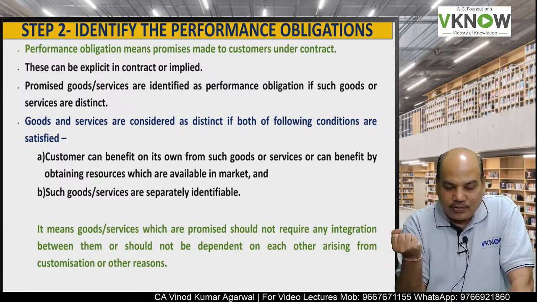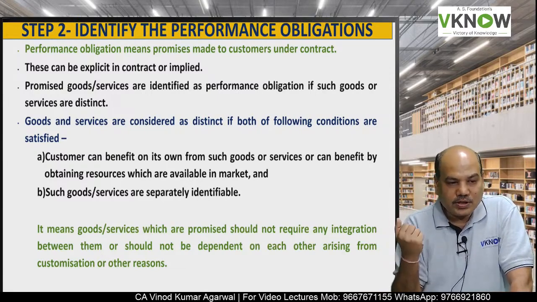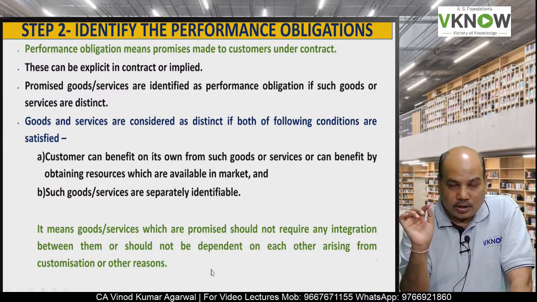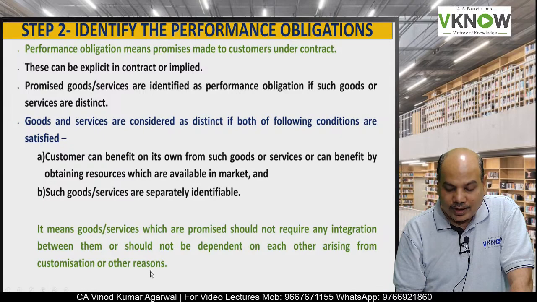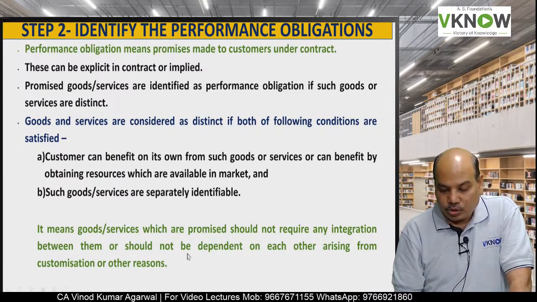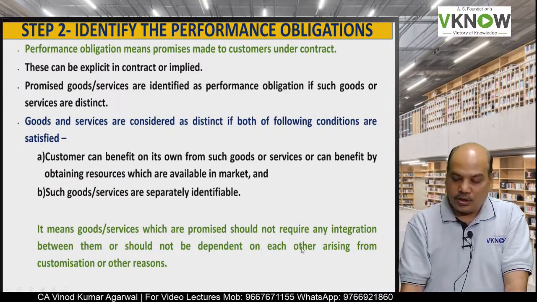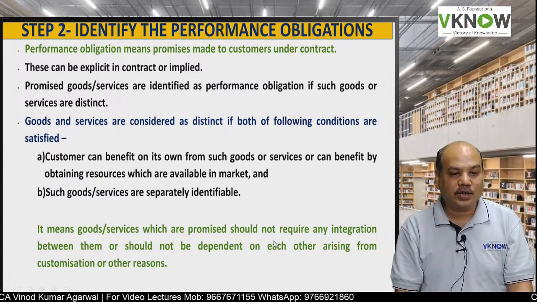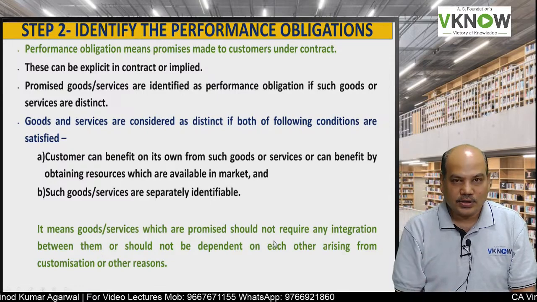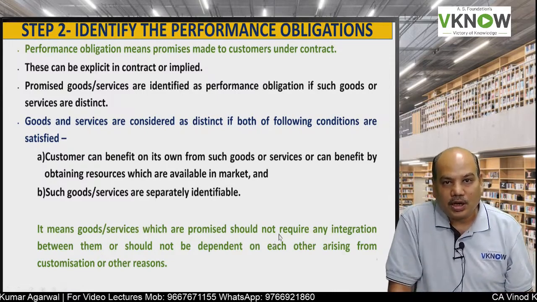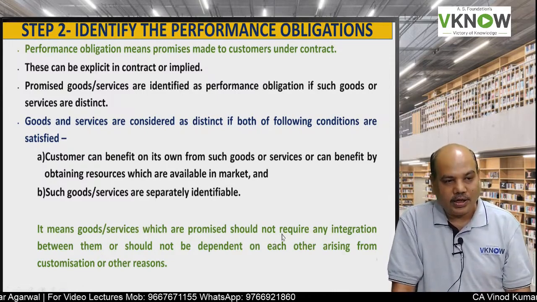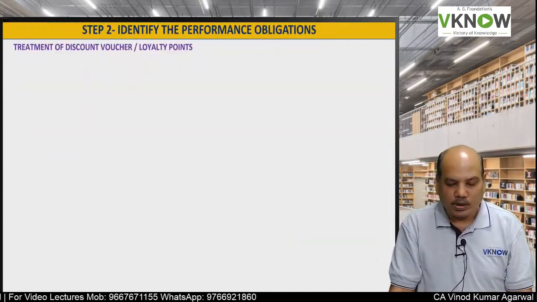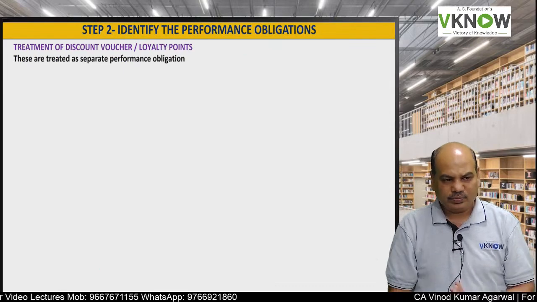You cannot get individual services, so they are not separately identifiable. So the items should not require integration between them or should not be dependent on each other arising from customization or other reason, and they should not require customization. Then they are called separately identifiable. Then they will be treated as separate performance obligations.